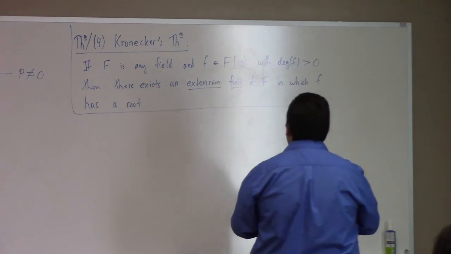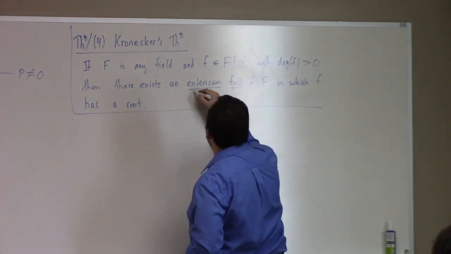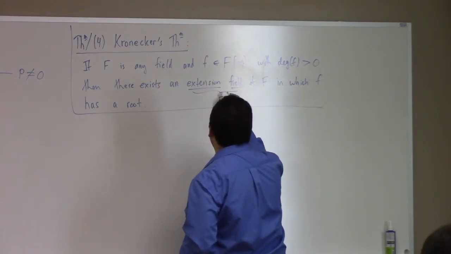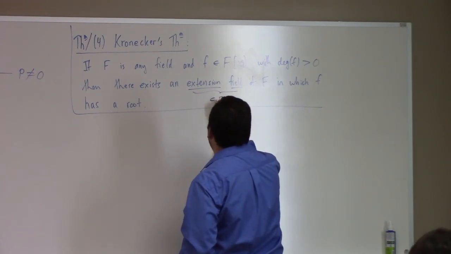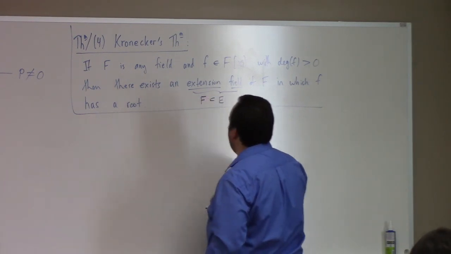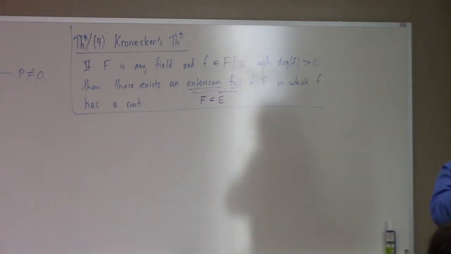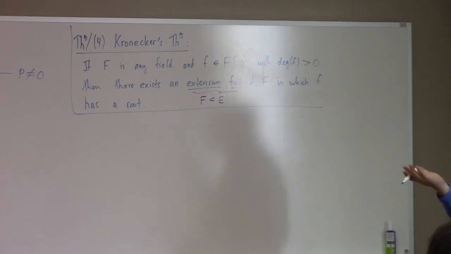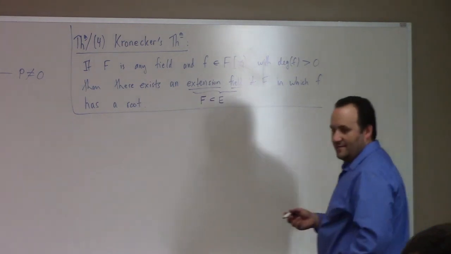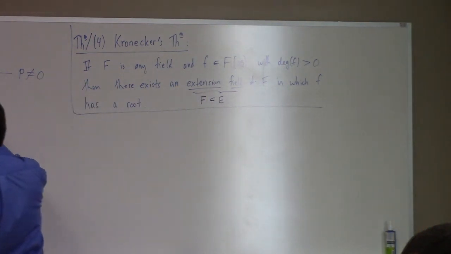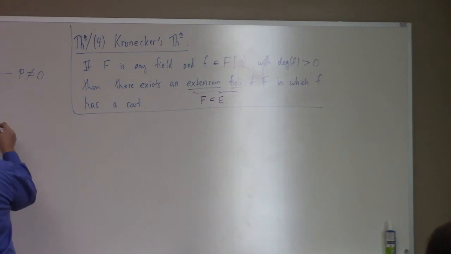So what's an extension field? You might call it E. E contains F, and it's a field. E is a field which naturally contains F as a subfield. That's what makes E an extension field of F. So is this like if you have x squared plus 1, as a real polynomial that has no root, but in complex numbers it does? Yes, exactly, this is an example of Kronecker's theorem in action.